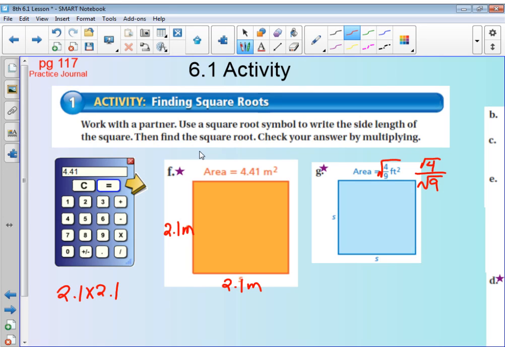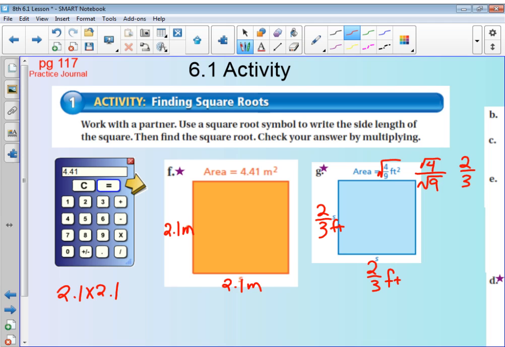So we can break it down into the top versus the bottom. What number times itself is 4? That would give me 2. And the square root of 9, or what number times itself gives me 9, that would give me 3. That's what I need. I've got 2/3 for each of these. And then my label is feet.